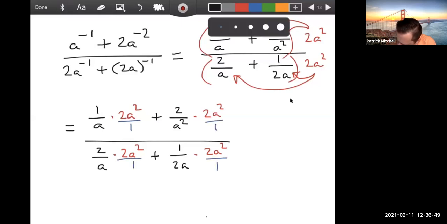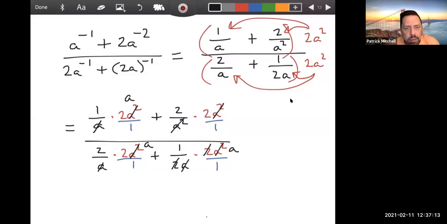All right, and now my favorite part, get to cross stuff out. Can take an a out of here, and that leaves an a upstairs. Here we can take out the whole entire a squared. Down here we can take out an a. And then here we can take out a 2 and also an a.